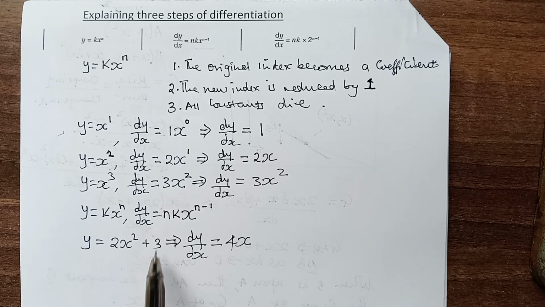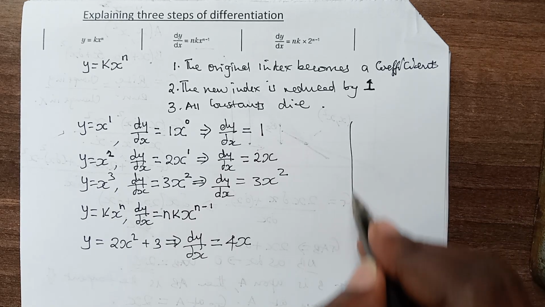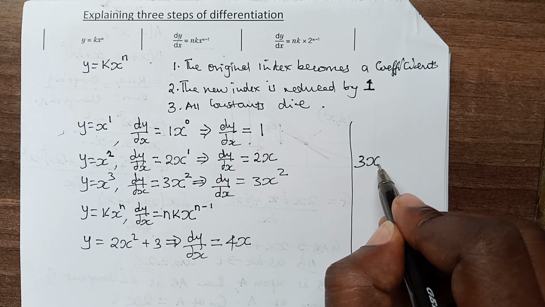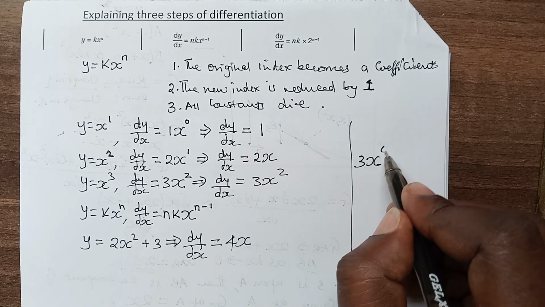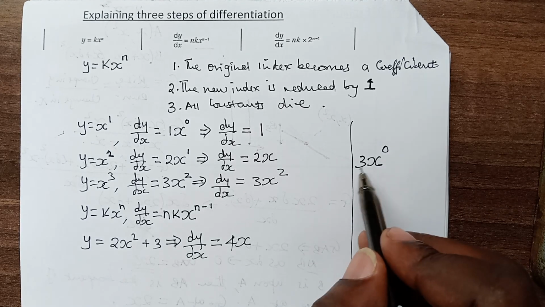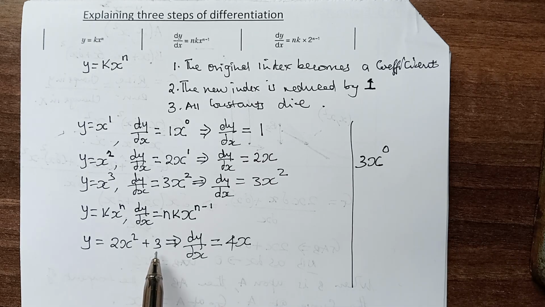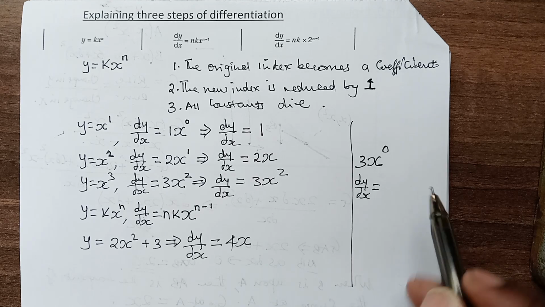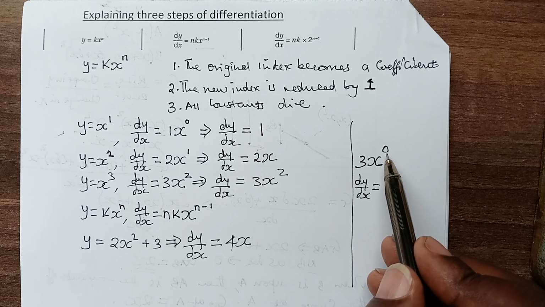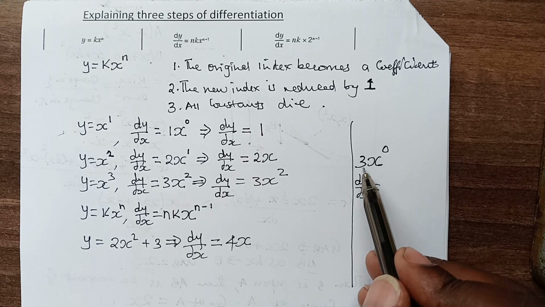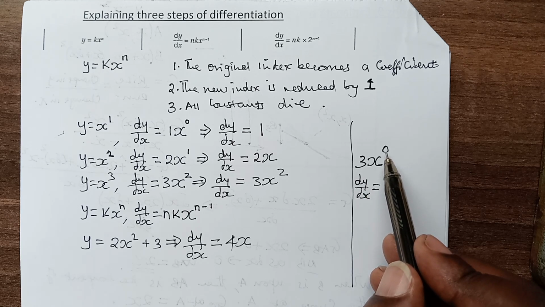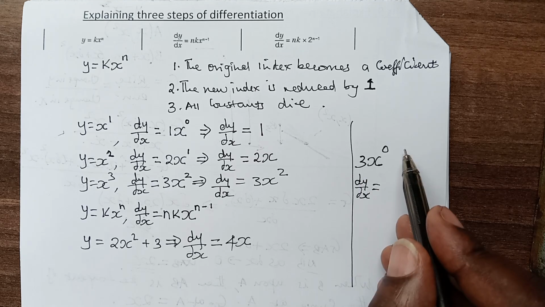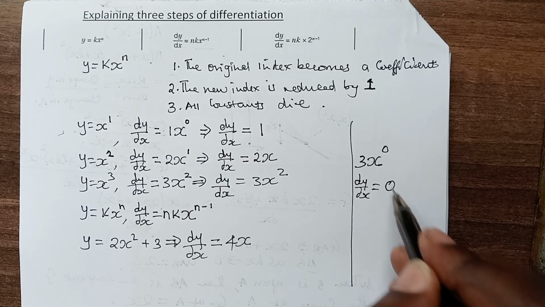If this is a constant, as you can see, and I would want to explain it here, a constant is obviously having x, but that x is always raised to power 0, because 3 times 1 remains 3. Now, if we want to take the dy dx of this, the original power or index becomes a coefficient, and we obviously have 0 times 3, which is 0, times anything else, it will remain 0.